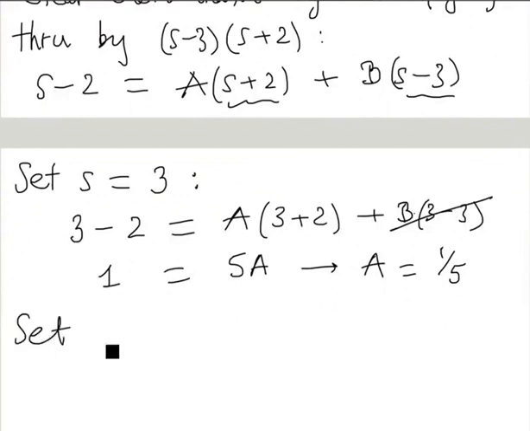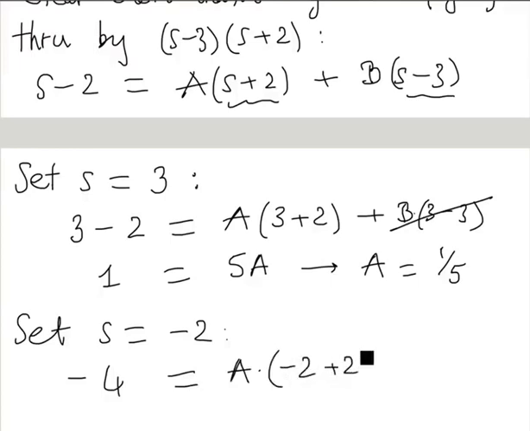Similarly, we may set s equal to the special value minus 2, and this time we will kill the term with a. So when s equals minus 2, the left hand side becomes minus 2 minus 2, which is minus 4, equal to a, as I said, times 0 here.